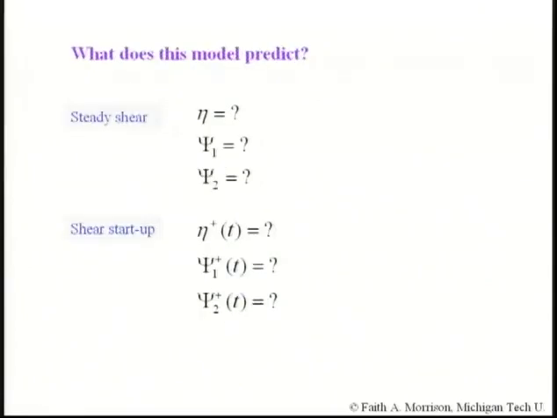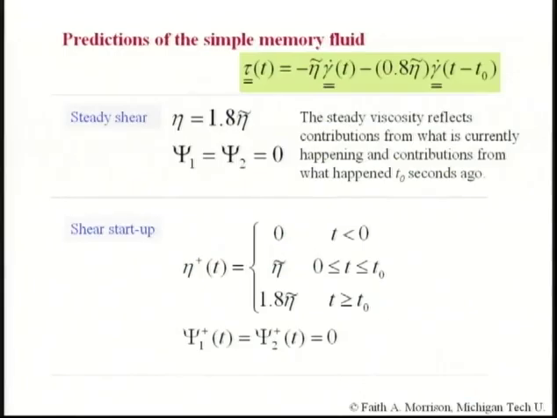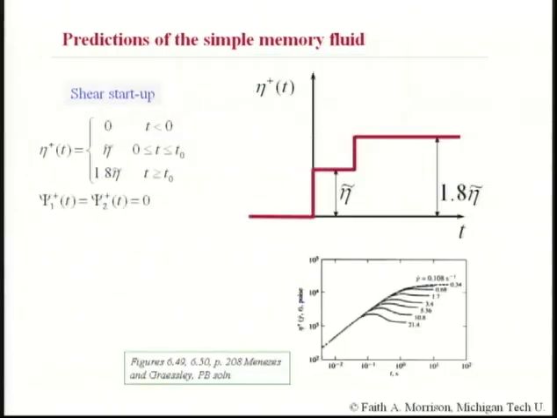And we saw from playing with this model that we could get some amount of startup effect. So when we did the shear startup for this model, we saw it step up from 0 to something, mimicking slightly the type of behavior we know exists.